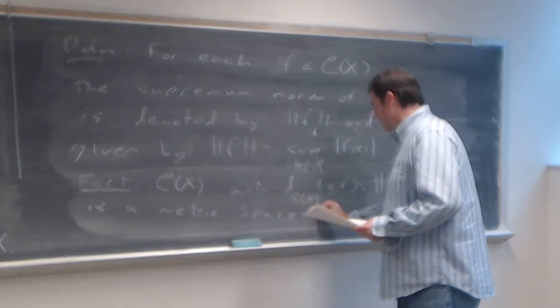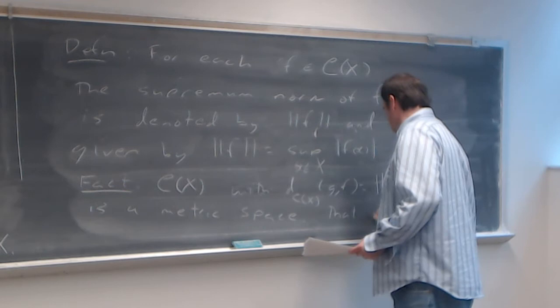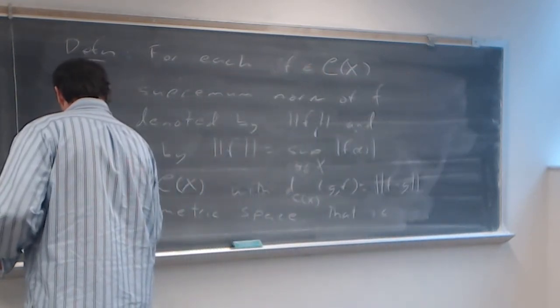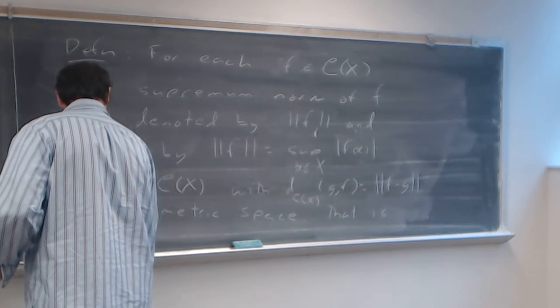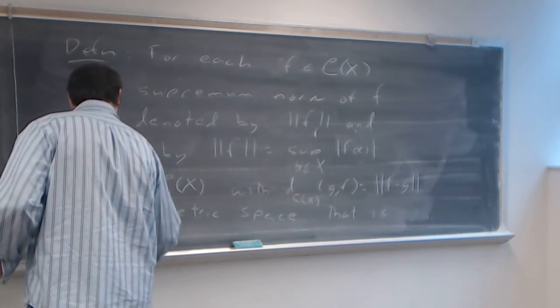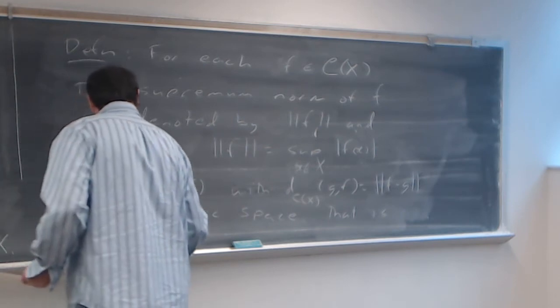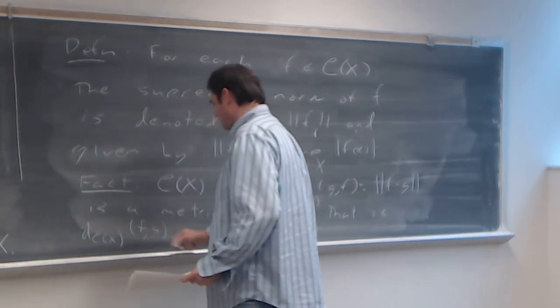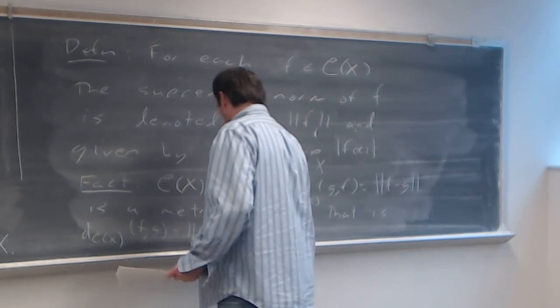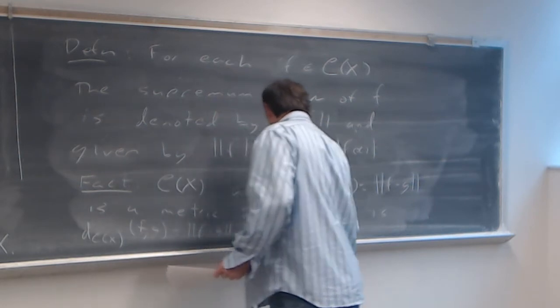Okay? That is, this function d sub C of X, defined on two elements of C sub X by the difference in supremum norm, that is a metric.